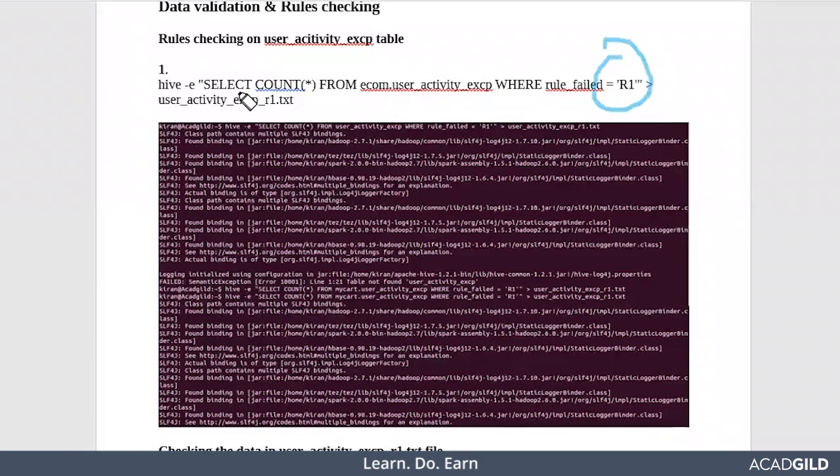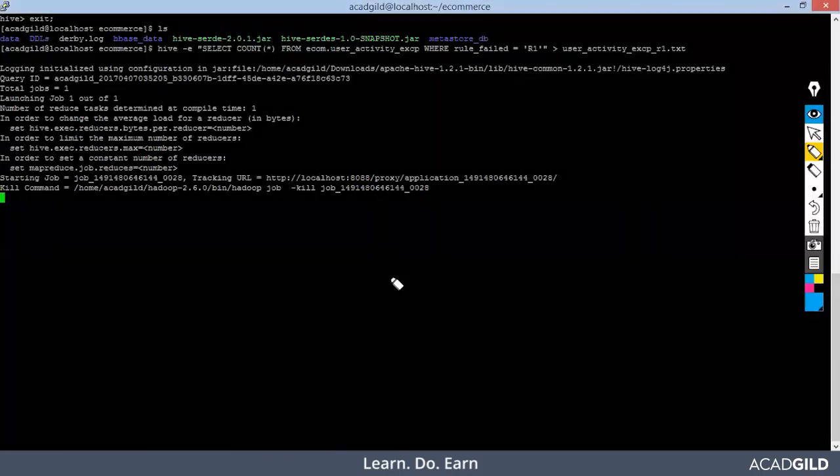We are counting the number of records which did not fulfill rule number R1 and loading it into a local file. This file will get created at runtime. Okay, the job is still running.